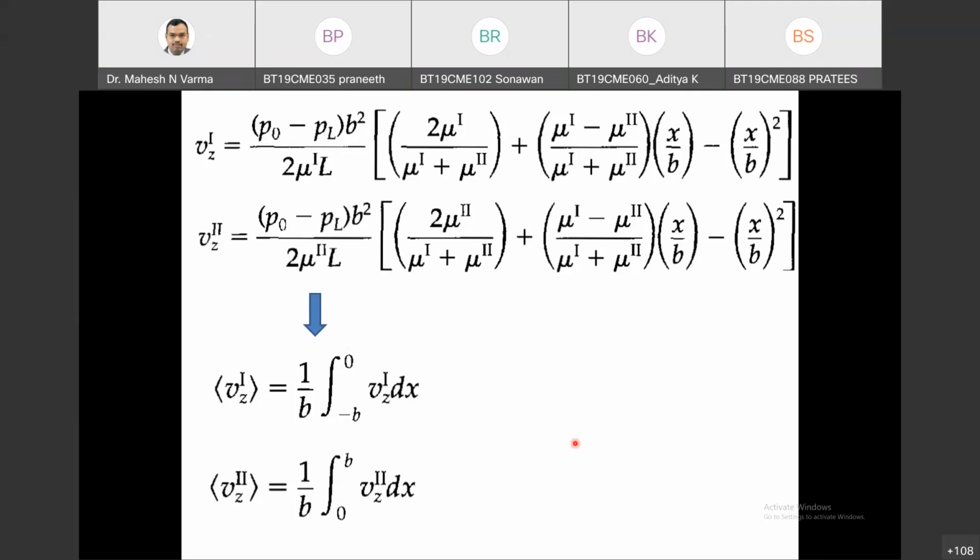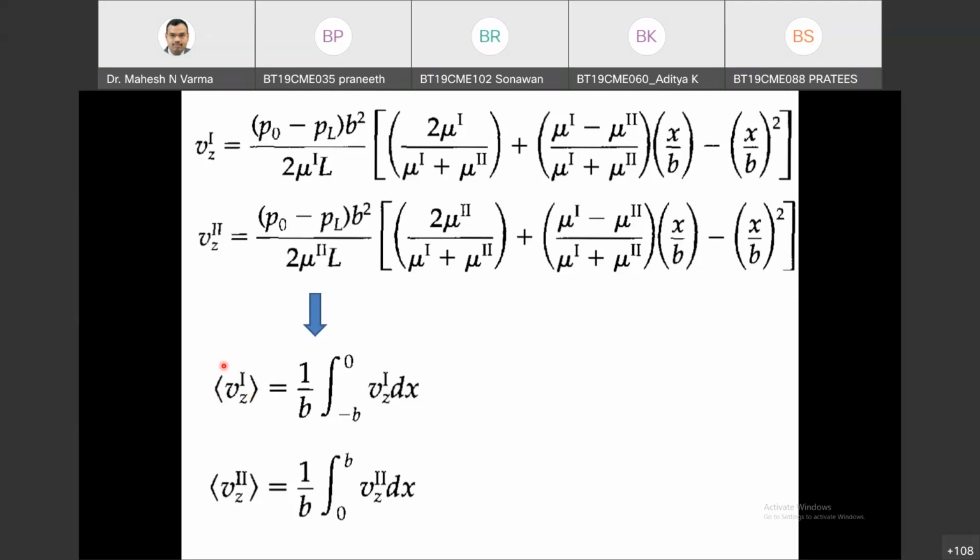Whether this average velocity will be same or different for phase 1 and phase 2? Roll number 35, Pranit. The average velocity is not the same. If both viscosities are the same, then only it will be the same. Very good. Average velocities will be different.